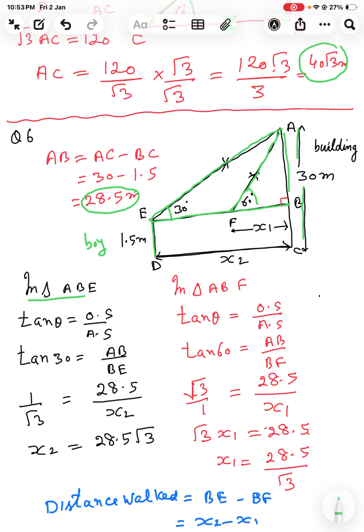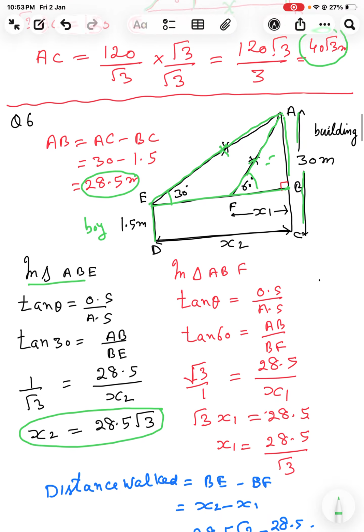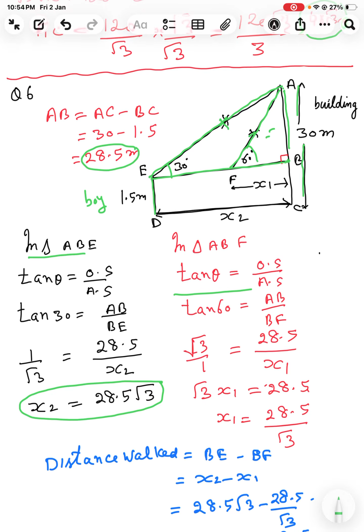In triangle ABE, apply tan theta, no role of hypotenuse. So x2 equals 28.5 root 3, and in the other triangle, tan 60 equals, then x1 equals 28.5 upon root 3.